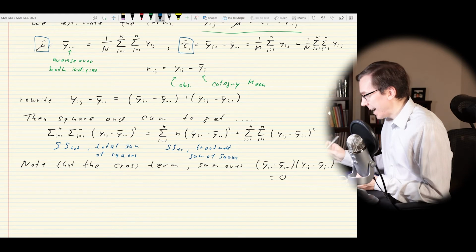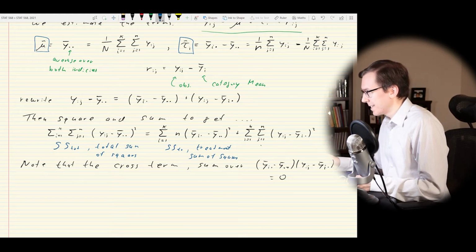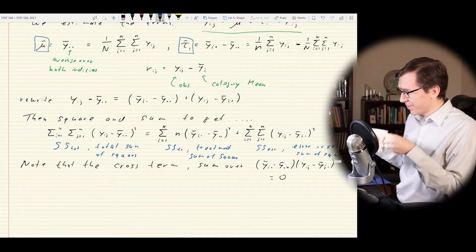And lastly, we have the residual sum of squares, which I like to write as the error sum of squares, SS err, for error. We'll call this the error or the residual sum of squares.